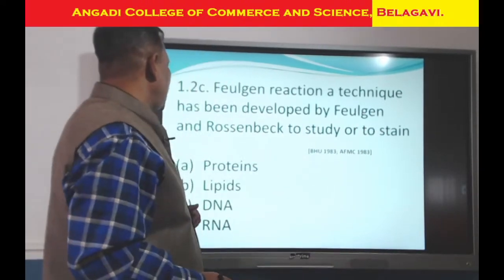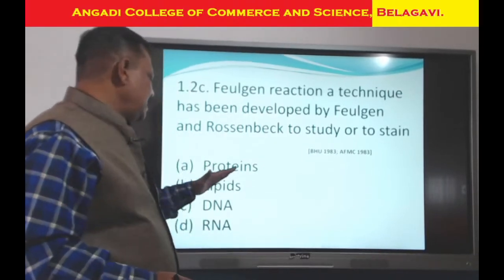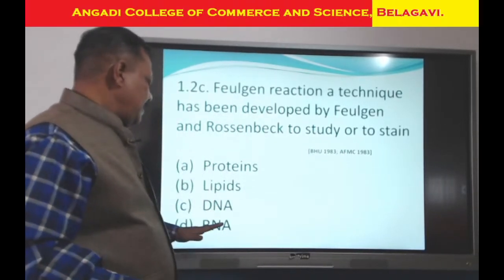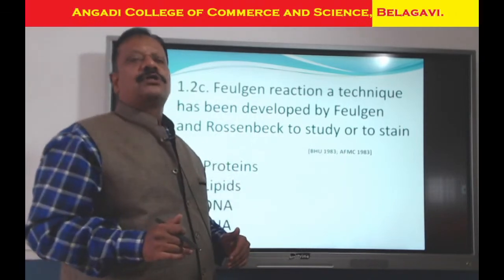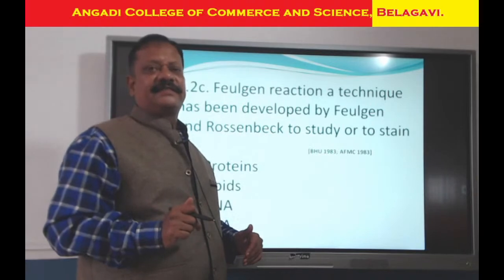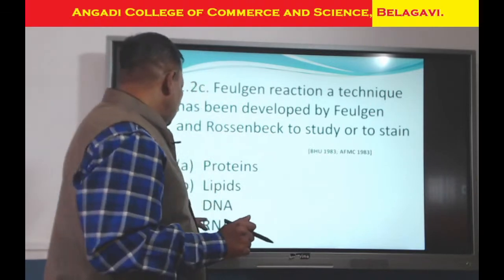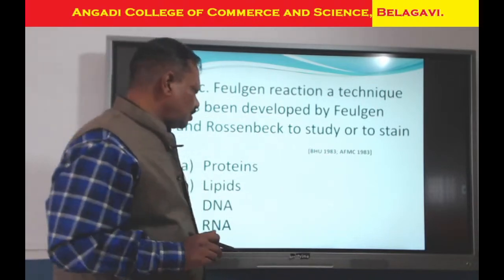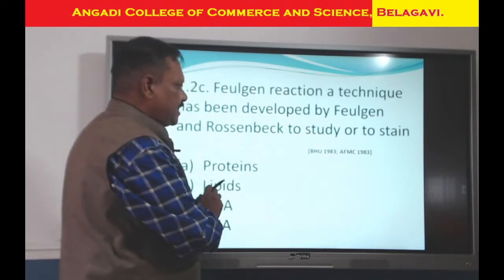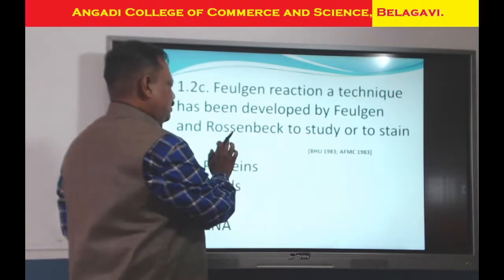The options are proteins, lipids, DNA and RNA. The Feulgen technique is used to stain DNA, the genetic material. So option C, DNA, is the right answer. We'll move to the next question.